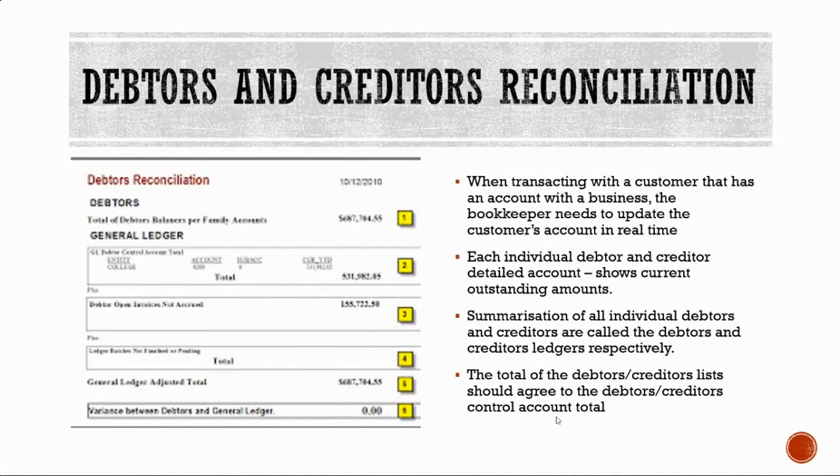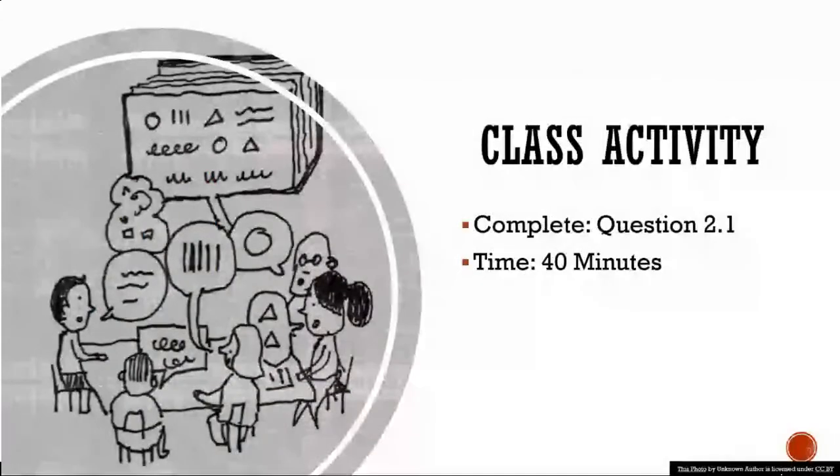If we add those balances together, we create a list at month end, and we then agree that to the total per the control account, which is our general ledger account, where we account for all the debtors in one account as opposed to the individual debtors.